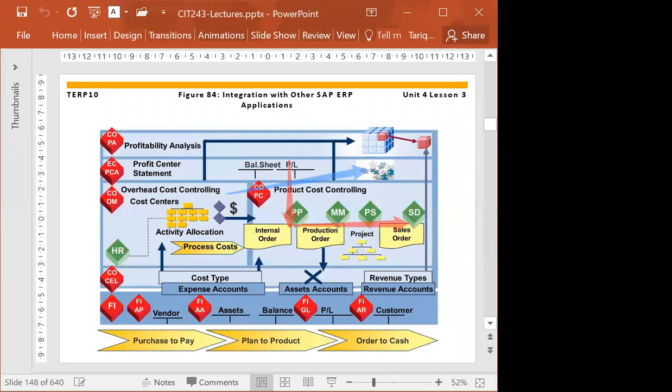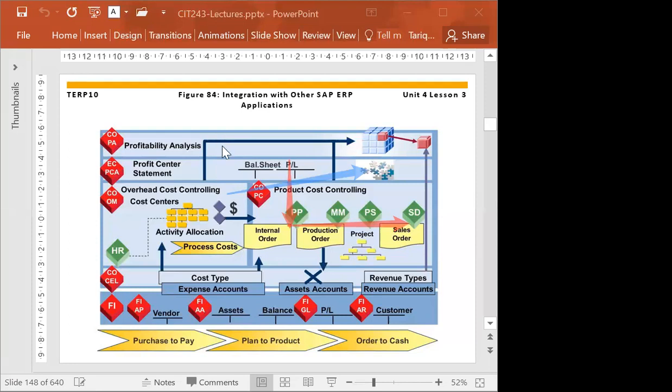Now, again, basically finance is the primary source of all transactions going to the controlling. All the expense posting in the GL ends up in the controlling, as a cost posting.